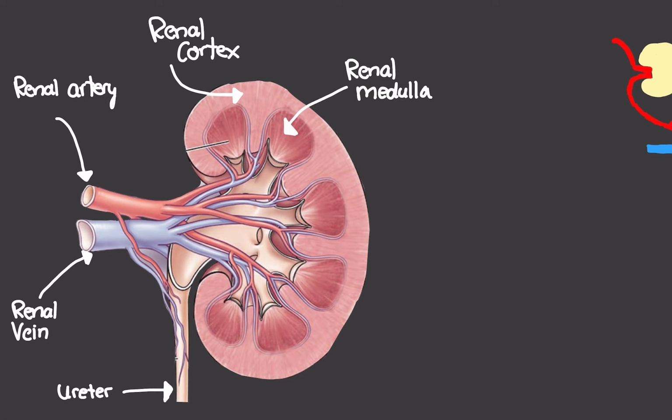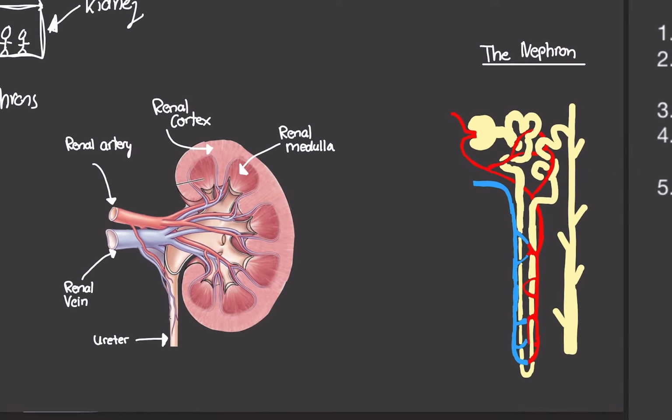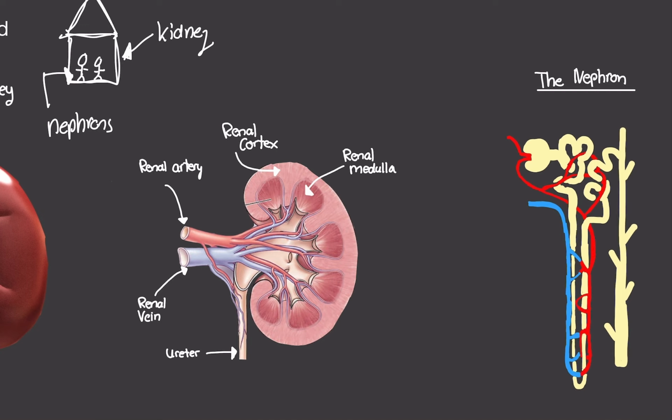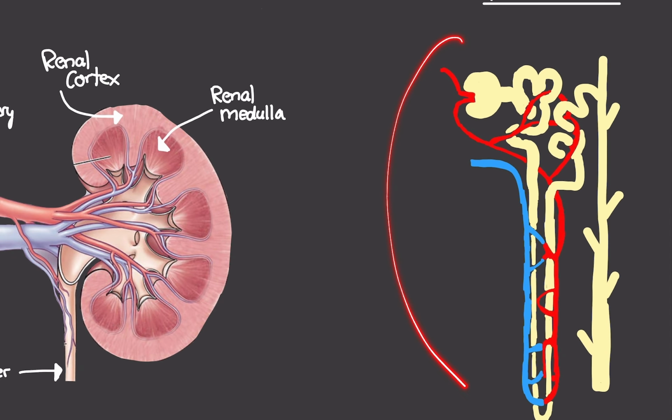Little baby arteries called arterioles, or baby veins called venules, surround these little pockets, or renal medullas. The renal cortex and the renal medulla are where the nephrons live. There are millions of them in the kidney. The nephron is just a tube structure, a curly, windy pipe basically.